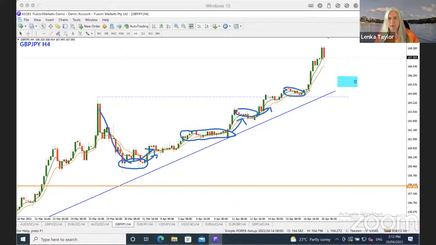So I'm still looking for long, even if this pulls back. It could pull back all the way to anywhere here, and then I would still be looking for long. For a short position, it would have to come below and then retest in the opposite direction with a proper reversal at this point.